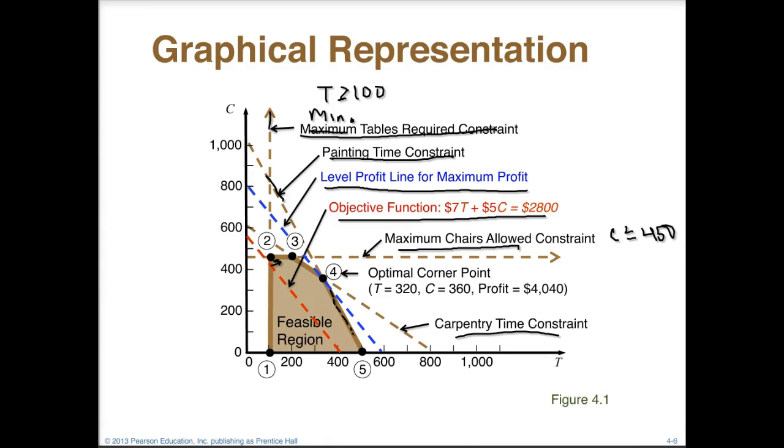And you can see here that here's the point 0, 600 for the carpentry constraint, and here would be that point 800, 0. So in short, this is how all this stuff will look once we actually were to draw.